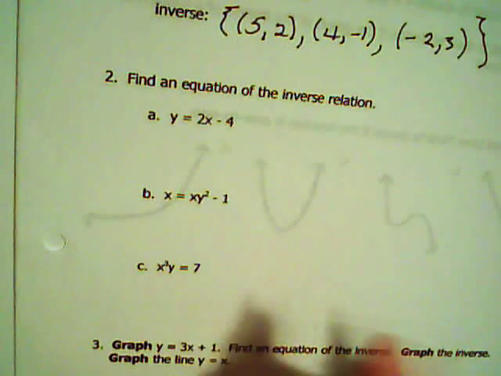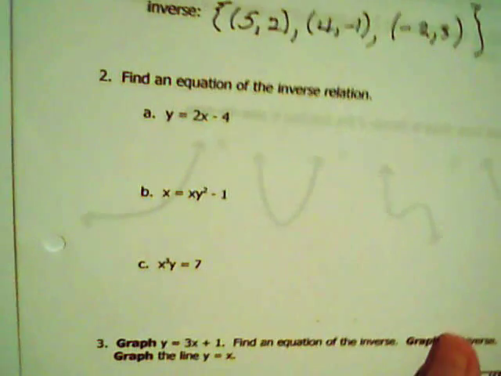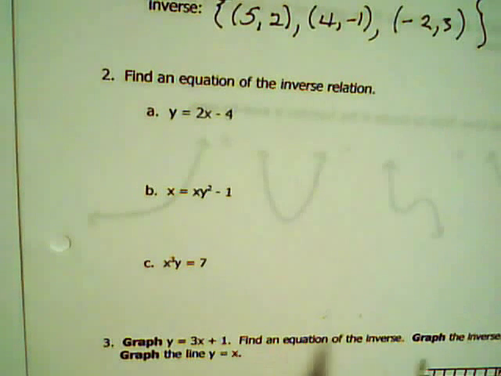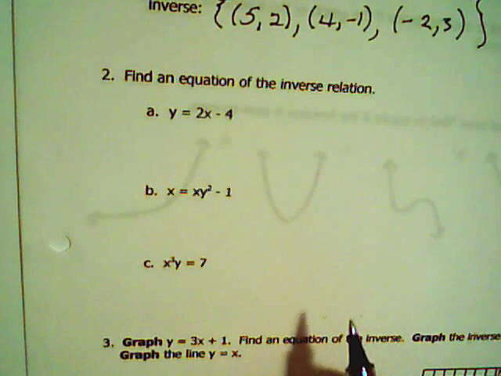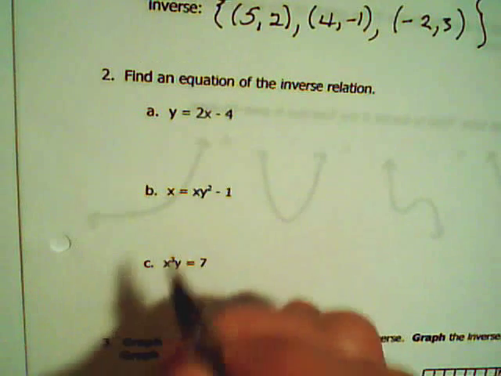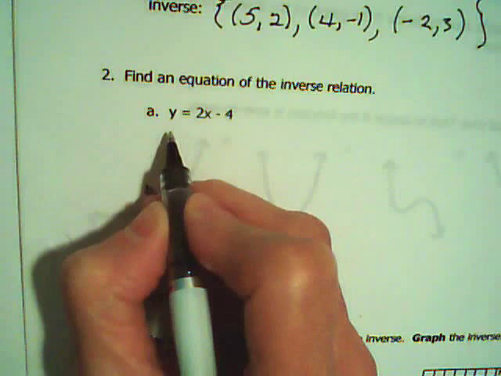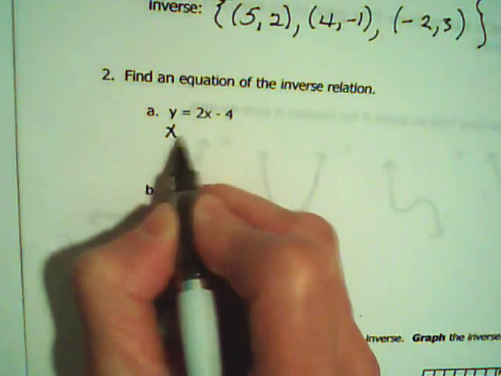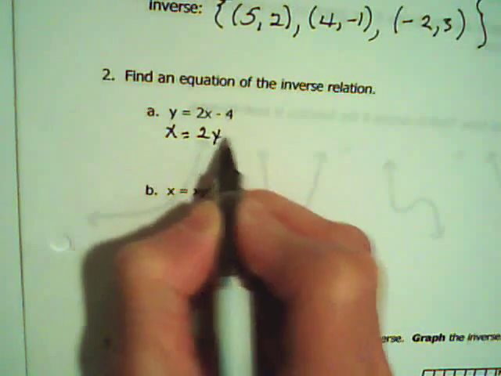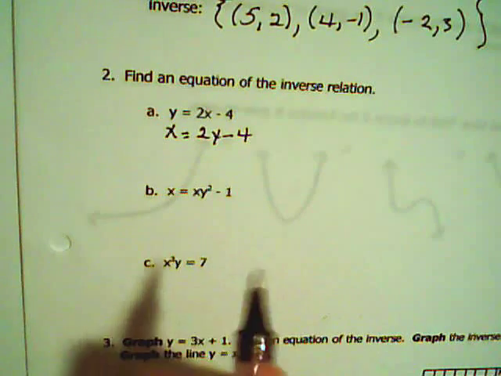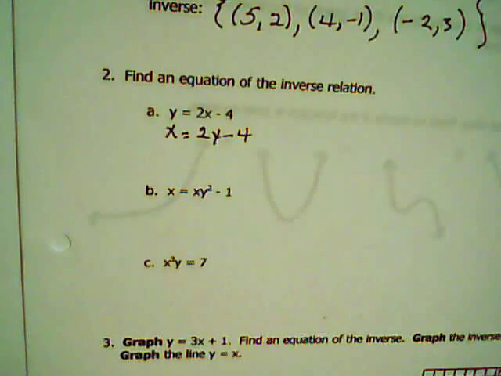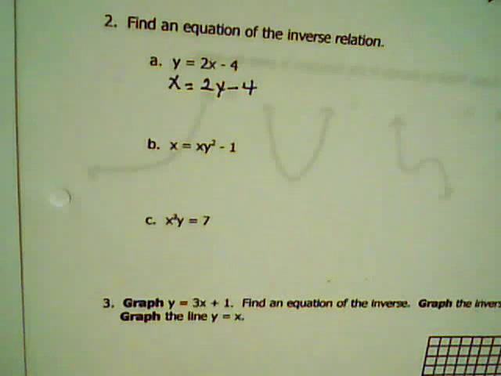Secondly, you're going to be given an equation. Again, to find its inverse, you're going to interchange x and y. So if I have y equals 2x minus 4, interchange, that'll be x equals 2y minus 4. We don't solve, we don't change the order or anything, that's all we do.